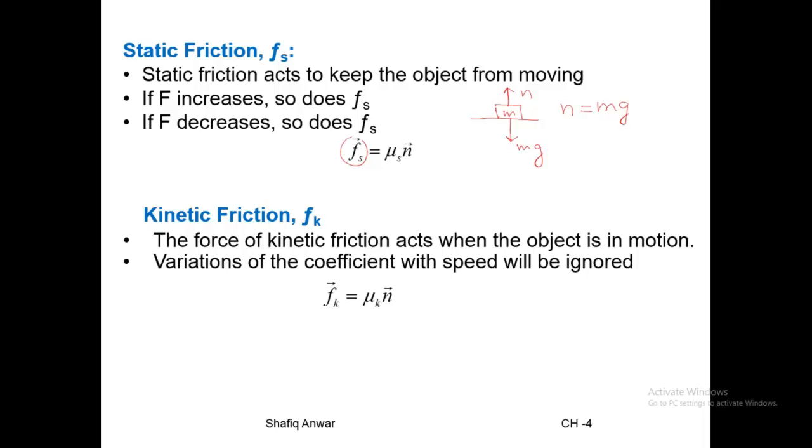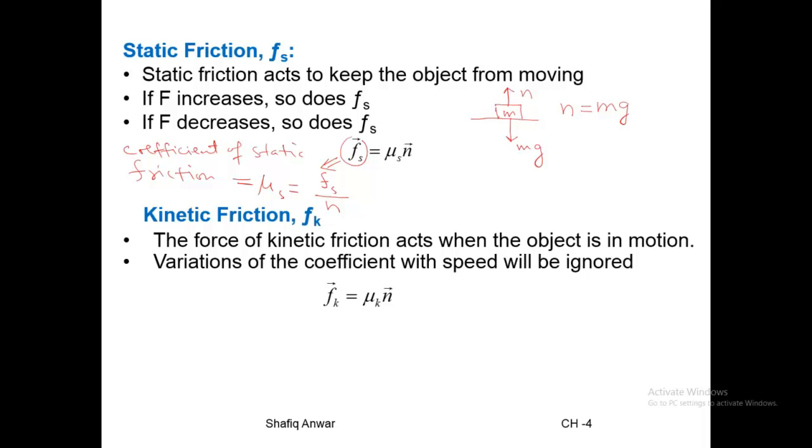So this is called the coefficient of static friction, right? And from this equation you can write mu sub s is equal to static force of friction over normal force. What is the unit for this coefficient of static friction?